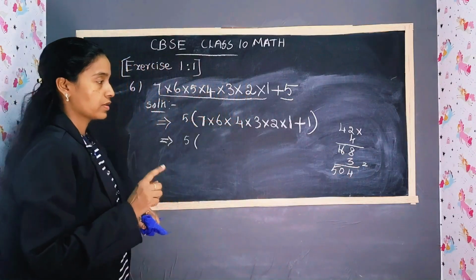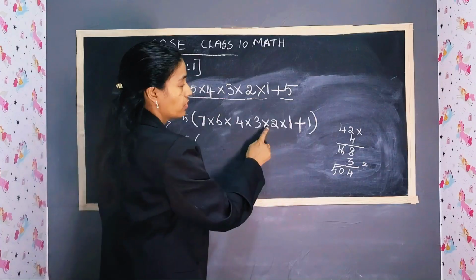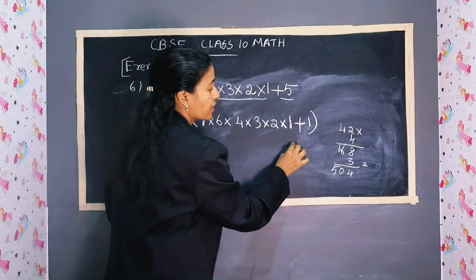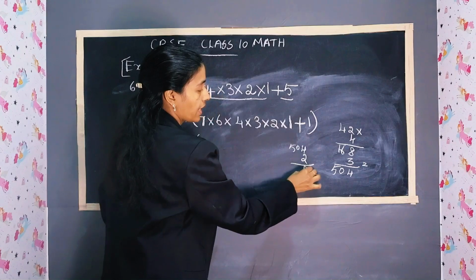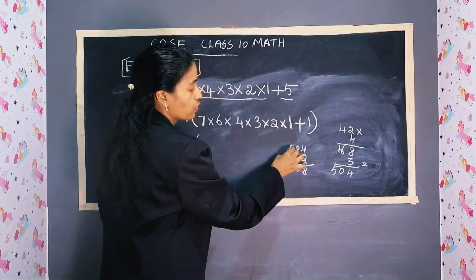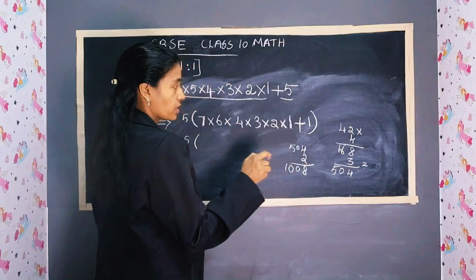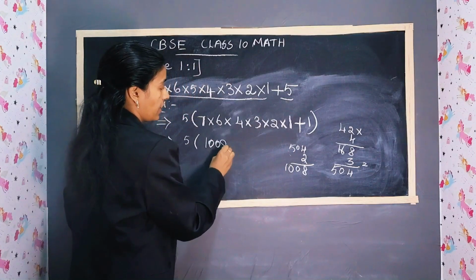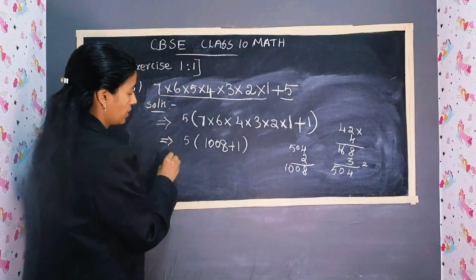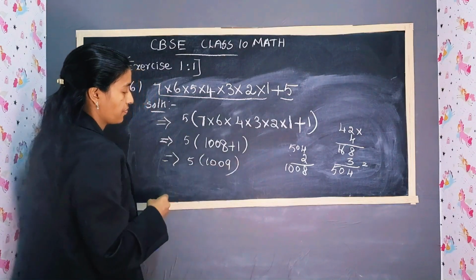Plus 2, 5. 504, right? Then we need to multiply 504 by 2. 4 2s are 8, 2 0 0, 5 2s are 10. 1008 into 1, 1008. 1008 plus 1. Next step would be 1009, right?